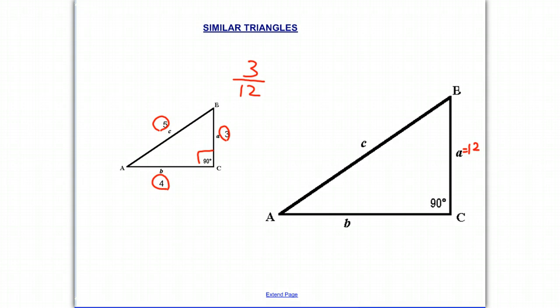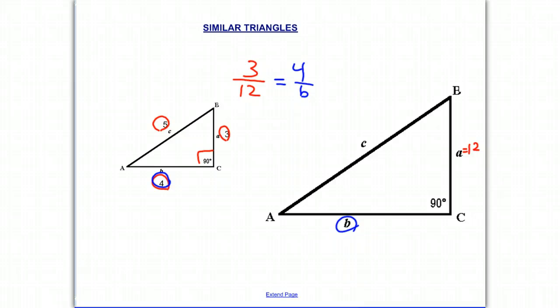And let's circle this one in blue. So as this 4, and we don't know what B is, but that's what we're trying to find out, is to B. So we know that 3 is to 12, as 4 is to B. Since these are similar triangles, corresponding sides are in proportion, and that's what this means.